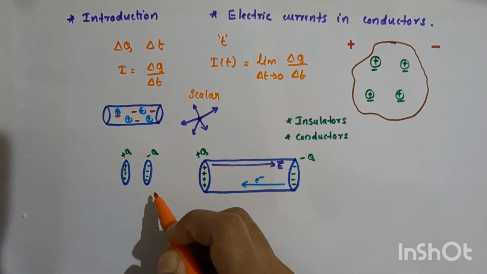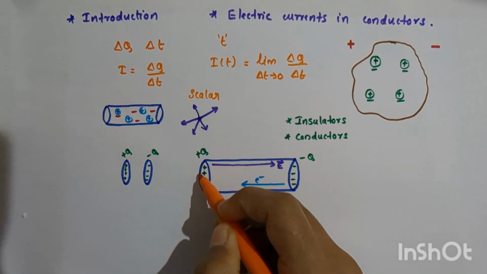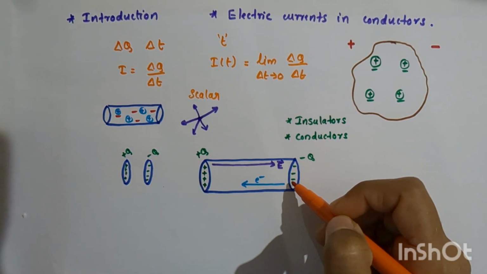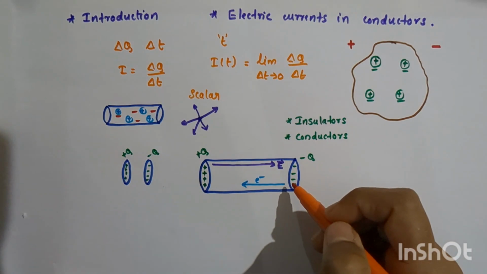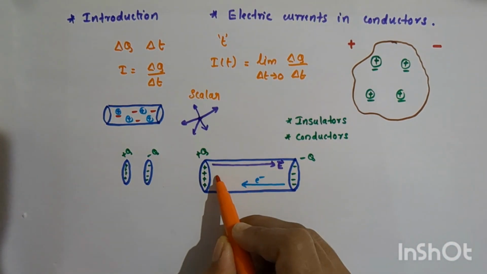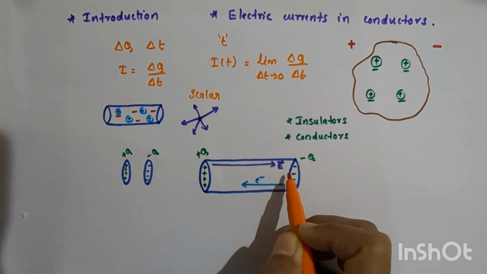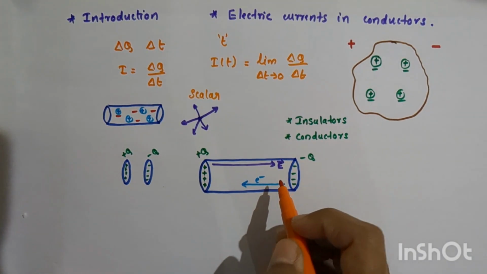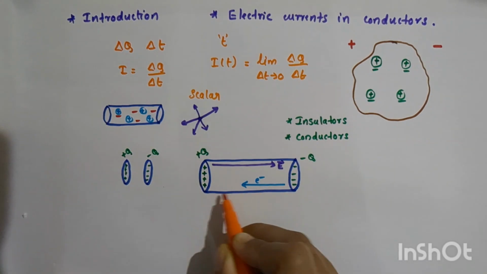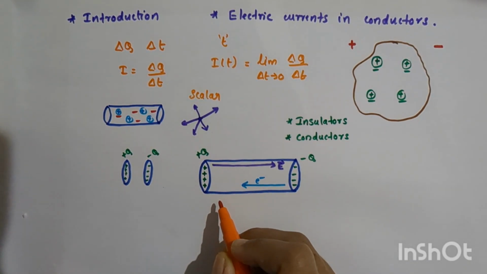These two discs are attached to the flat surfaces of the cylinder. So an electric field will be created, directed from the positively charged disc towards the negatively charged disc. And electrons get accelerated and move towards the positively charged disc.